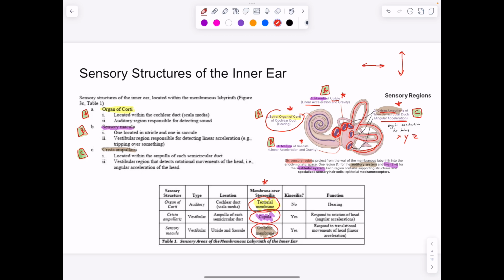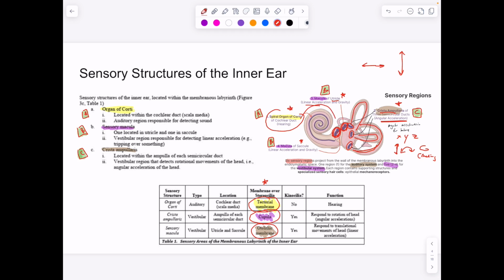That would be like nodding your head up and down, forward and back, really like rolling your head forward towards your chest and then back. Then moving your head from side to side. And then the third would be like twisting your head as if you're cracking your neck.